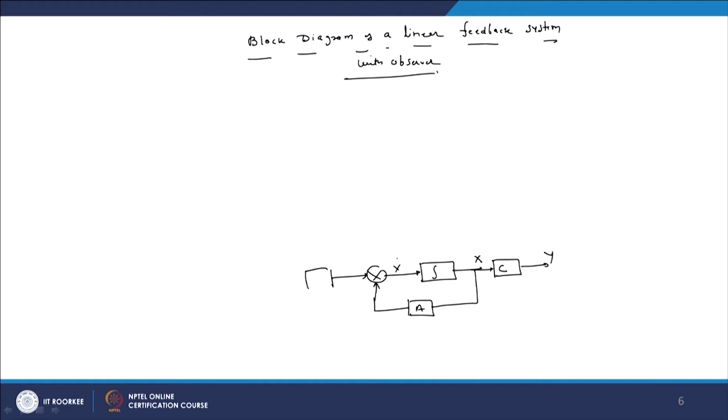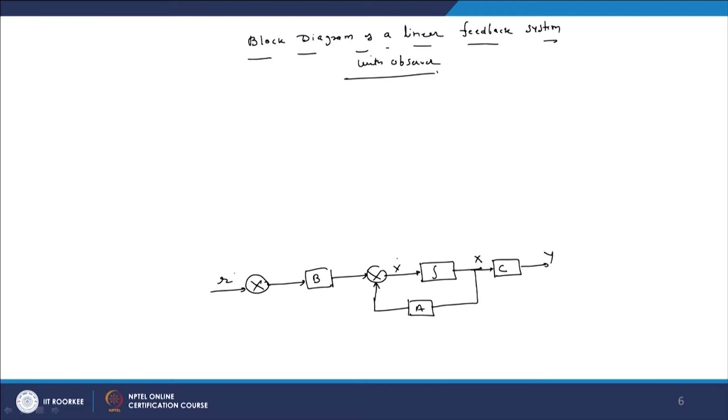Now, here is your B matrix, and here is the reference R. Now, we will draw the block diagram of an observer.